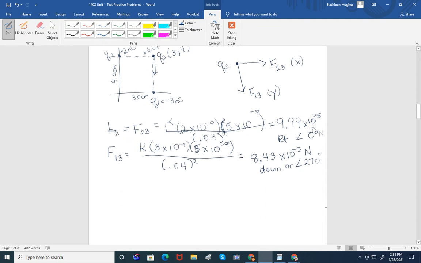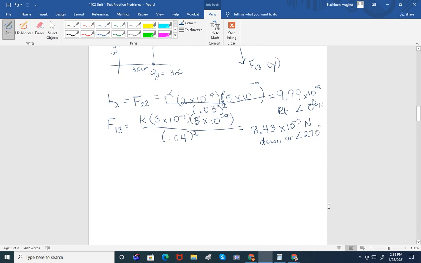I have my x and y components. I can clean them up if I want to a little bit. The x component is 9.99 times 10 to the negative 5th newtons. It points in the positive x direction. We want to clarify that.